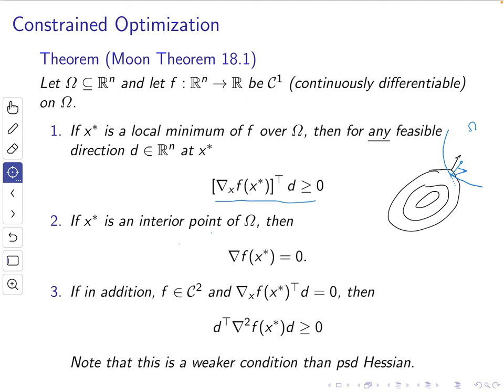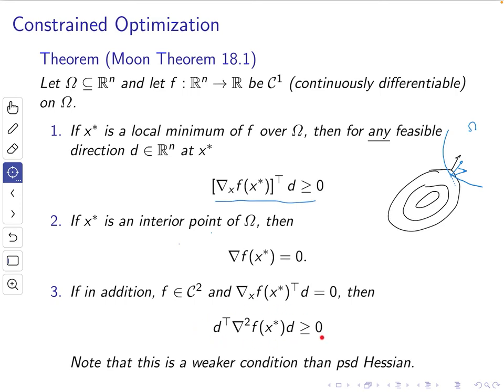And then we can say that in addition, if F is C2, so we can differentiate twice and get a continuous function, and we know that the gradient inner product with D is 0, then for those particular D's where the inner product is equal to 0, the Hessian is positive.